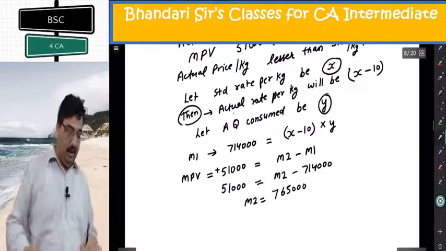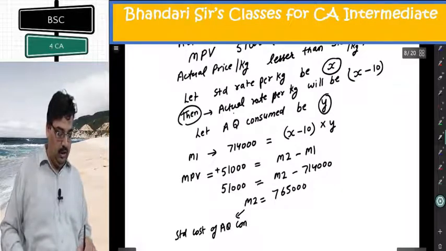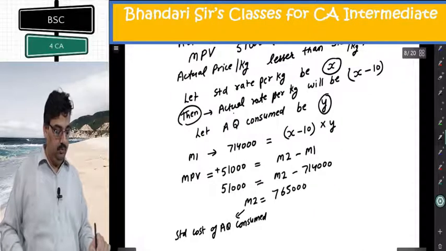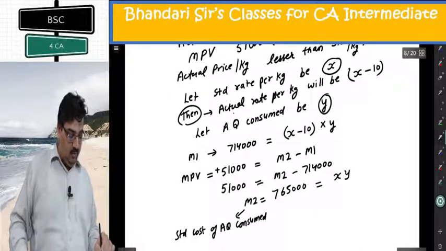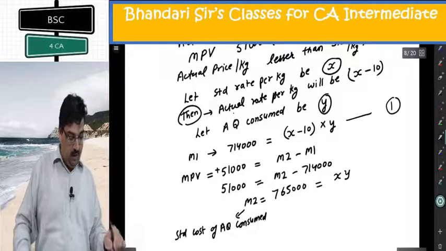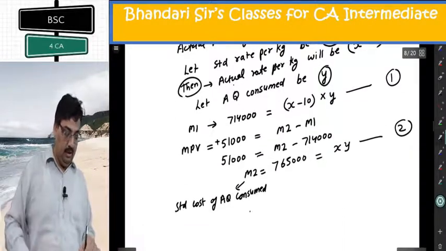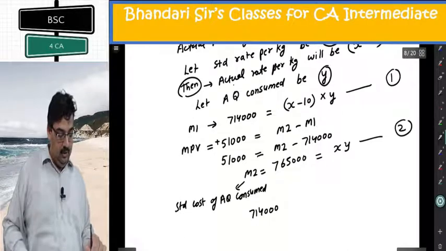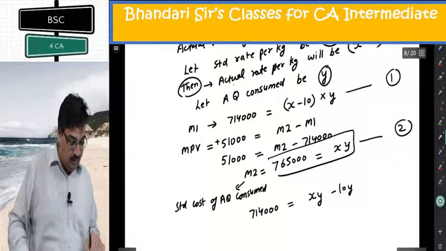Now what is M2? You must keep defining in the exam. Standard cost of actual quantity consumed is equal to X into Y. This is equation 1. This is equation 2. Look at first equation again. 7,14,000 is equal to XY minus 10Y. Now XY equals 7,65,000.